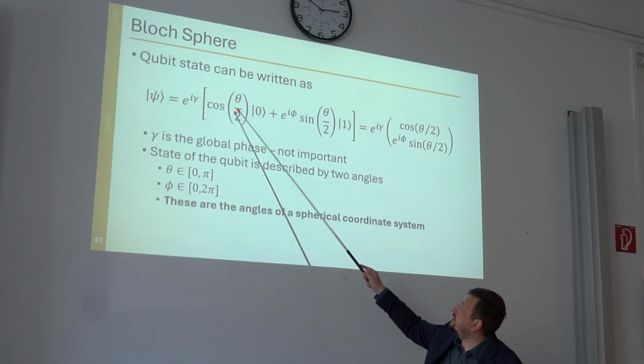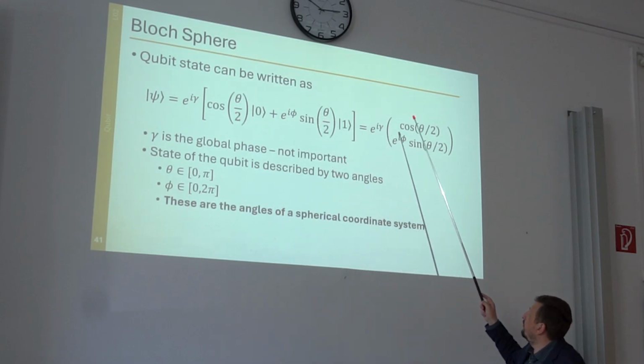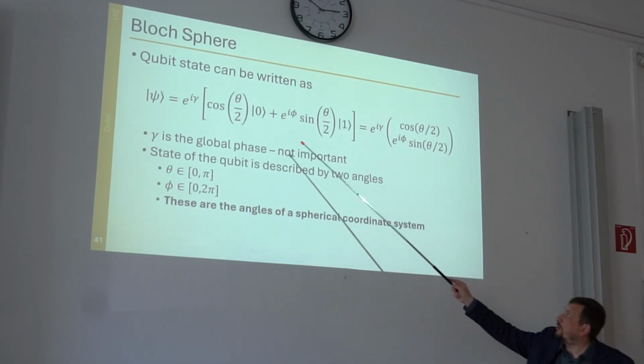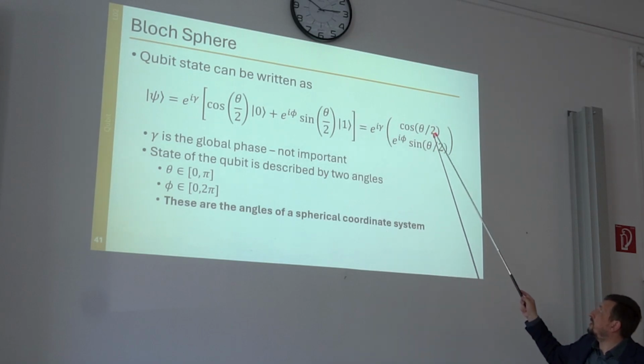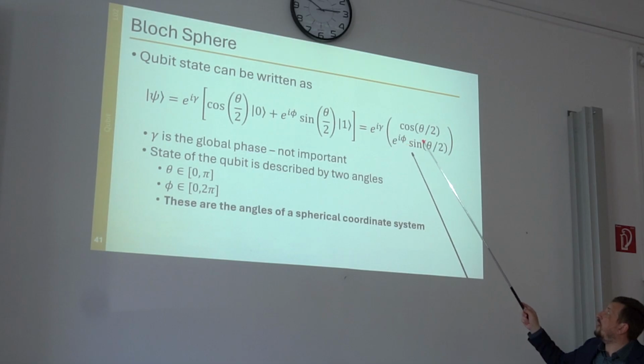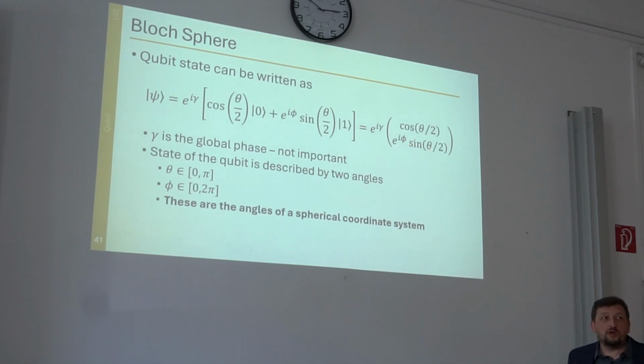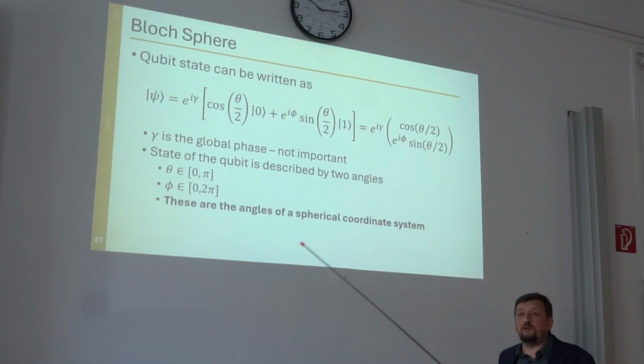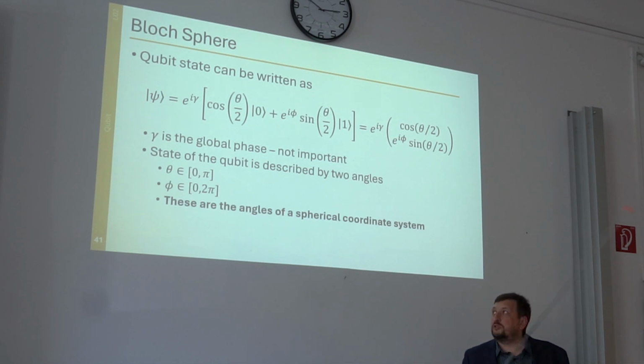So what remains is this expression: the 0 component is cosine theta over 2, and the 1 component is this exponential phase factor times sine theta over 2. What are the limits in which the angles change?